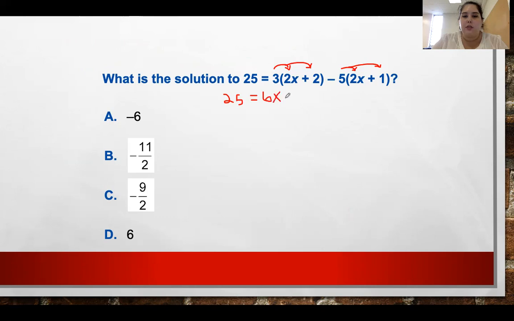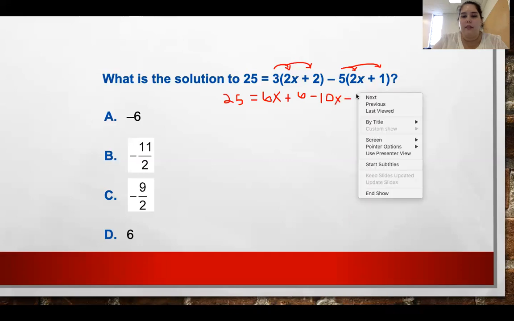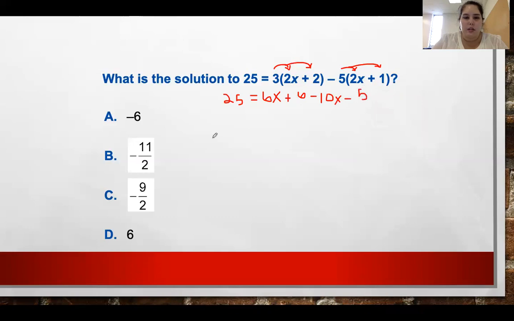We're going to do 3 times 2 to get positive 6. And then negative 5 times 2x to get negative 10x. And negative 5 times positive 1 gets me negative 5. And again, I'm going to bring down my 25. We're not touching it yet.